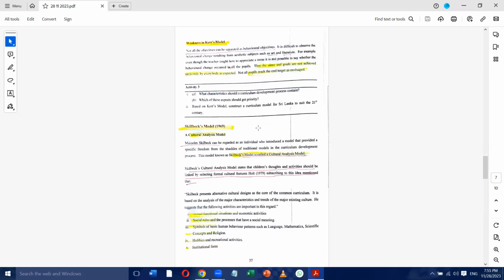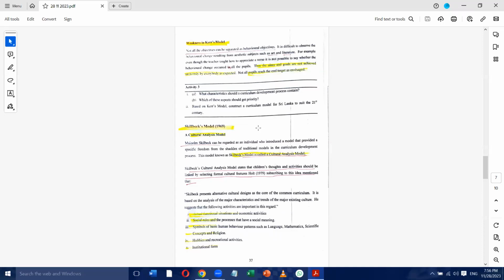So Skillbeck's cultural analysis model states that children's thoughts and activities should be linked by selecting formal cultural features. Holt in 1970 subscribed to this idea. So Holt, another scholar, was also talking about Skillbeck's model, right? Skillbeck presents alternative cultural designs as the core of the common curriculum.